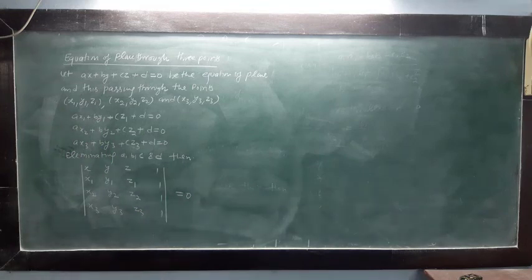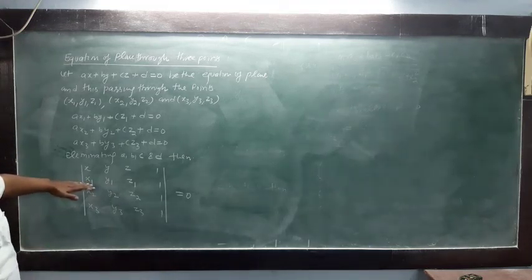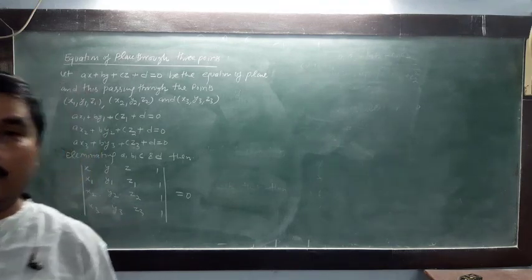After solving this, we have the equation of plane which passing through the points x1, y1, z1, x2, y2, z2 and x3, y3, z3.